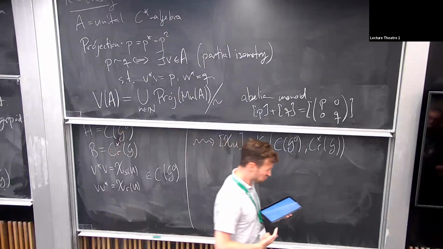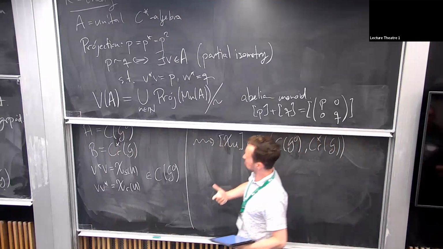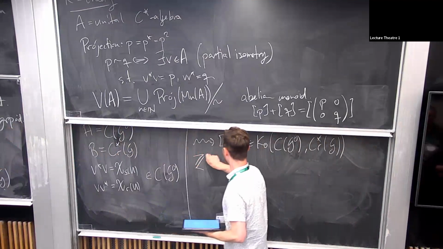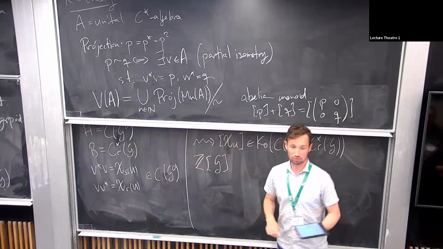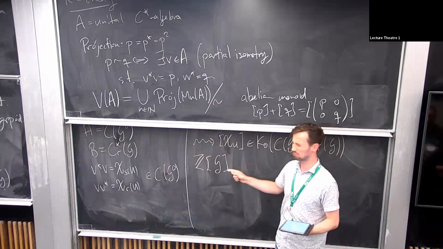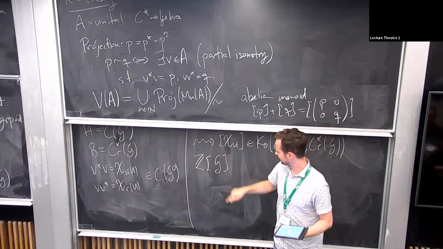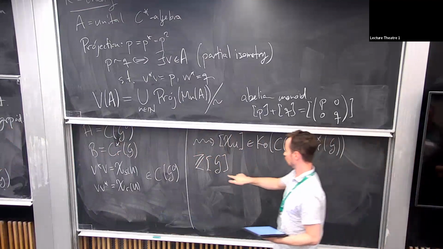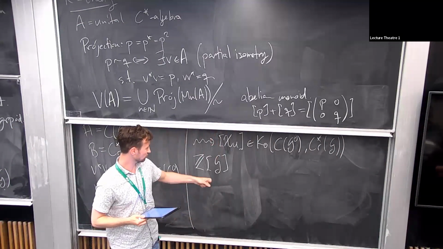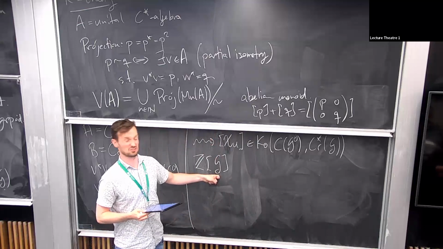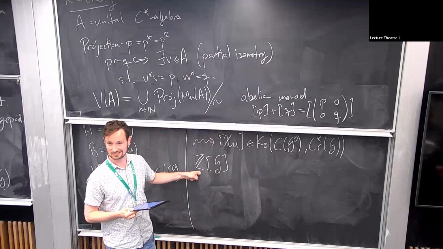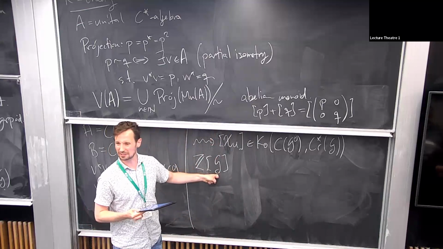We can take something that's built from these compact open bisections, which is the usual group ring, or groupoid ring, I guess, which I'm just thinking of as an abelian group right now. It is just a standard construction when you've got a zero-dimensional space: you look at continuous functions from G to Z, but Z is a discrete group, so that just means locally constant functions.